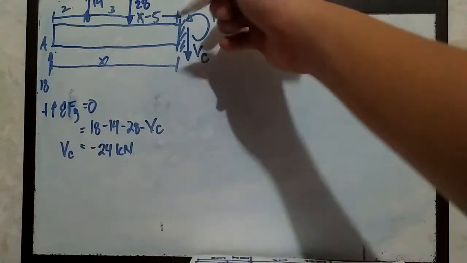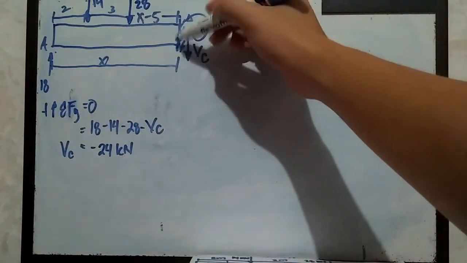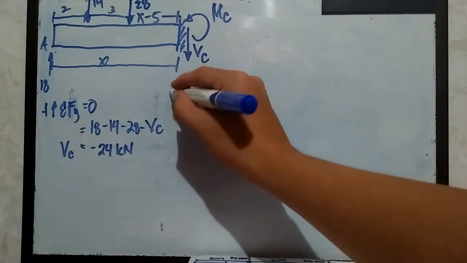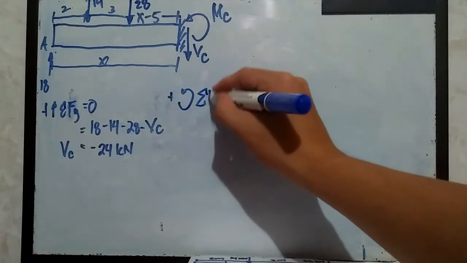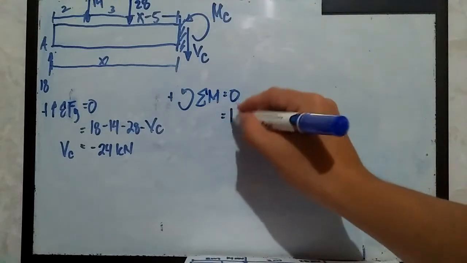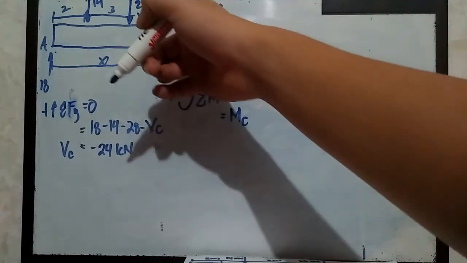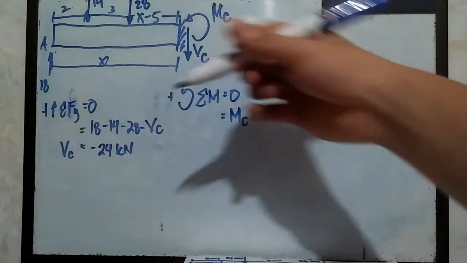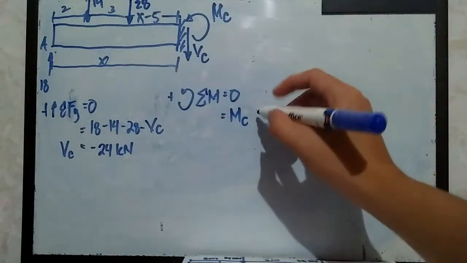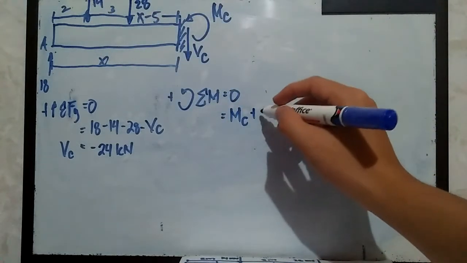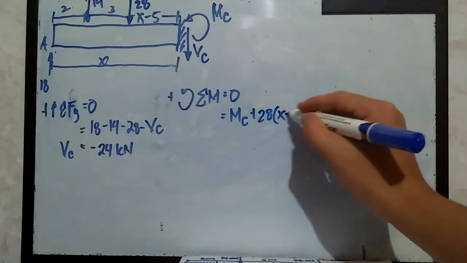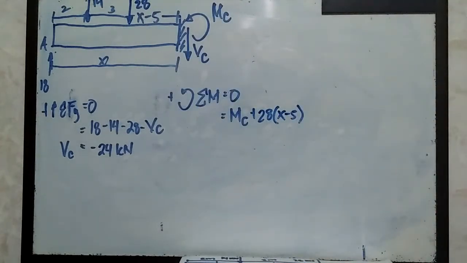So summation of moments at this section where we managed to cut the beam. Again, counterclockwise is positive, summation of moments equals 0. So that should be positive M sub C. And this 28 kilonewtons rotates counterclockwise, so that is positive 28 multiplied by x minus 5. Let's retain the unit first to avoid confusion.